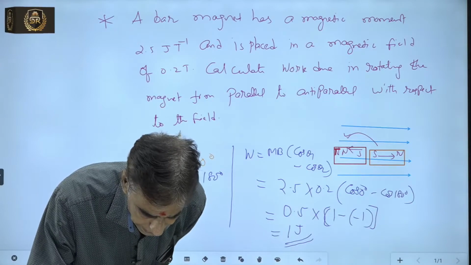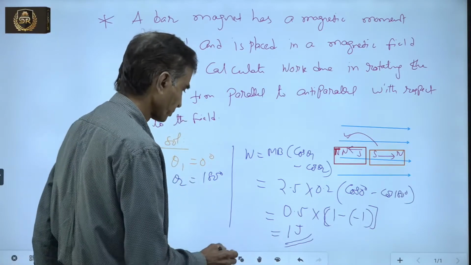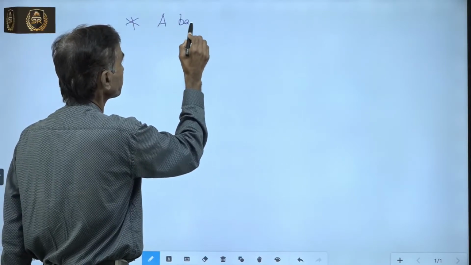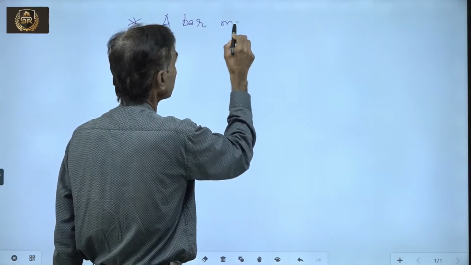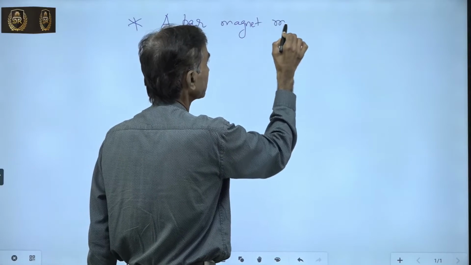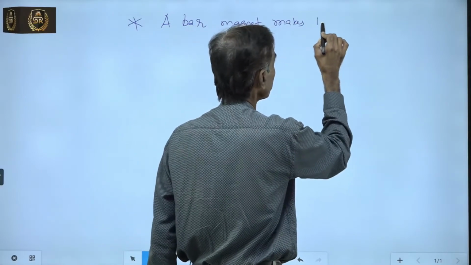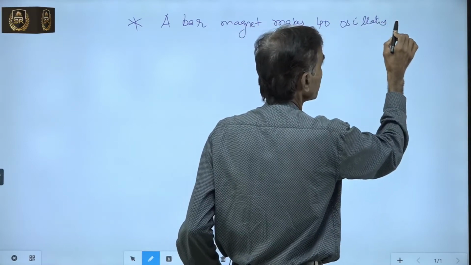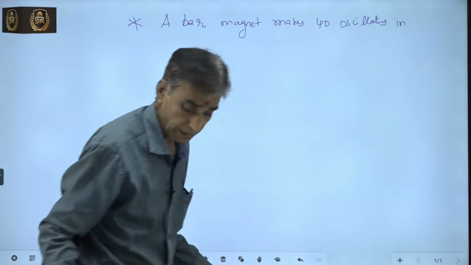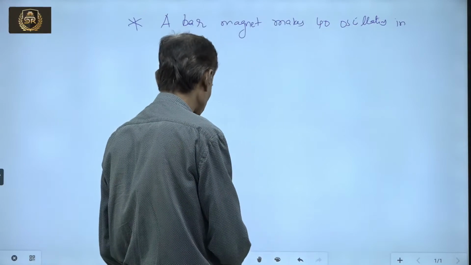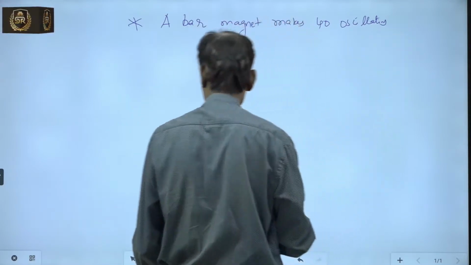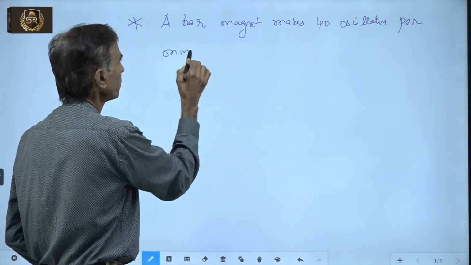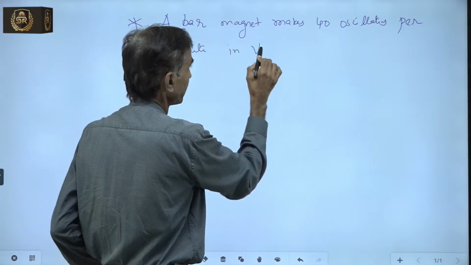So now first let us note down what is given here. A bar magnet makes 40 oscillations per minute in a vibration magnetometer.